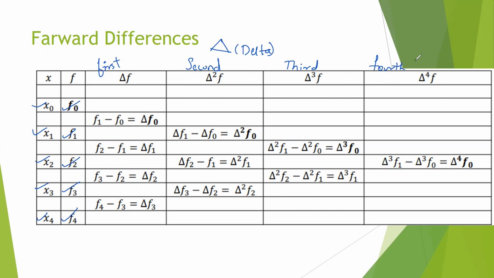It continues until we have values for the differences. The first forward differences are delta f0, delta f1, delta f2, and delta f3.